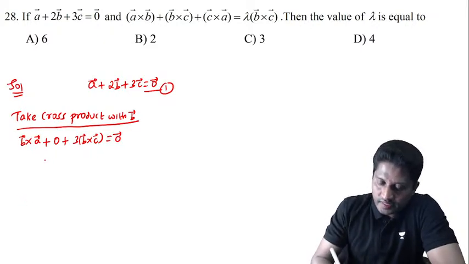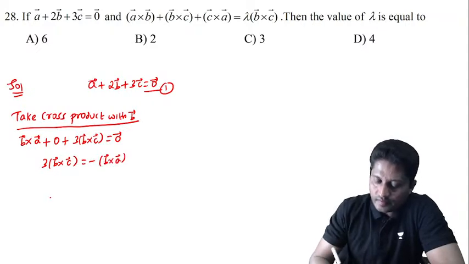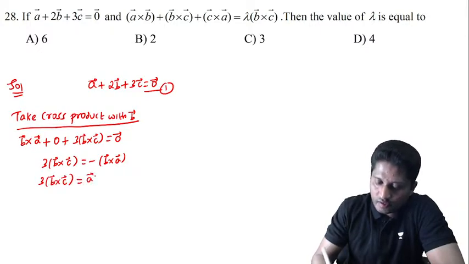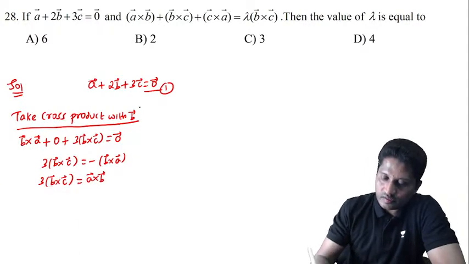Now from this I can write 3 times b cross c is equal to minus of b cross a, which will be a cross b. So I got the value of a cross b in terms of b cross c.